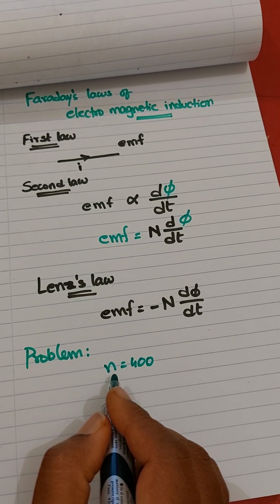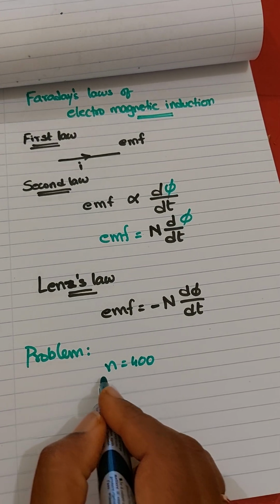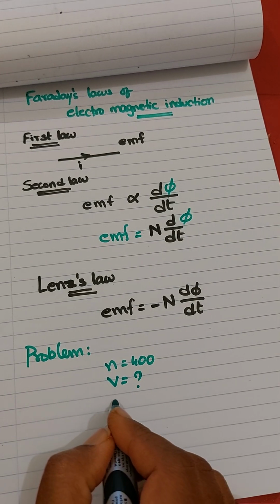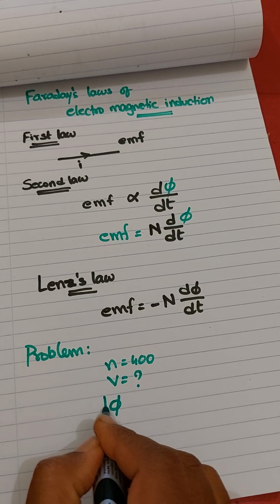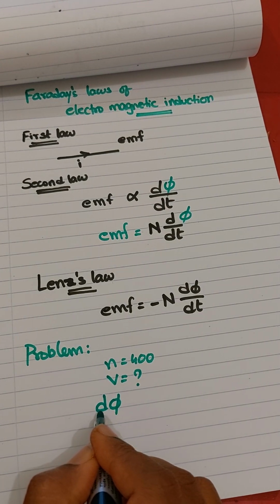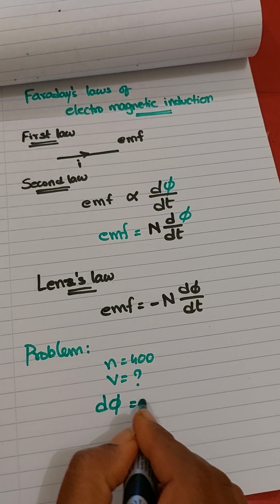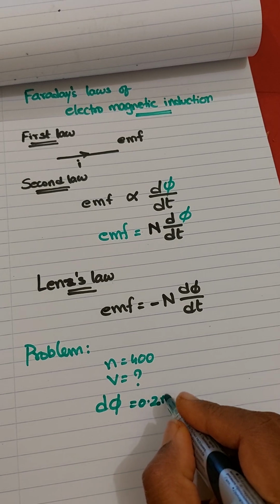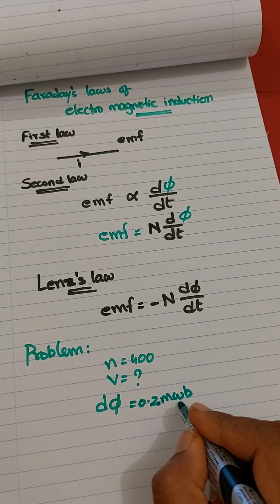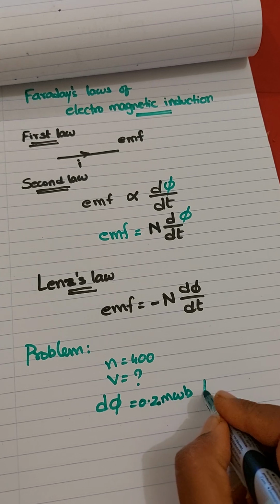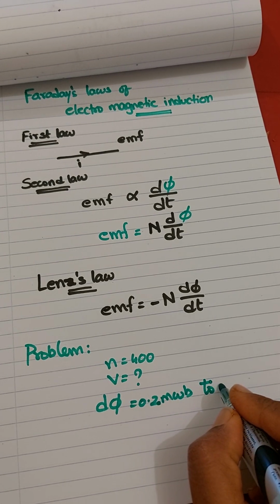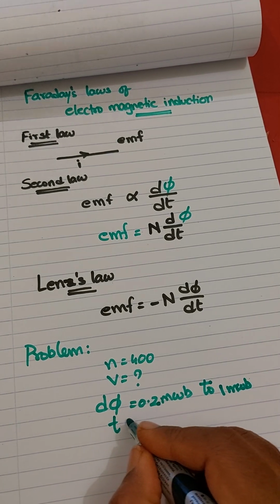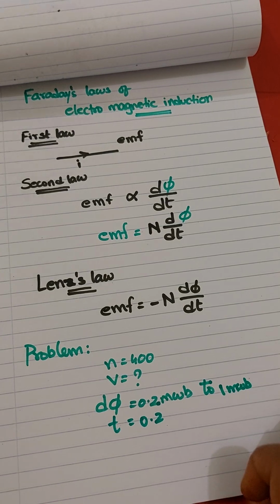Find the induced voltage or induced EMF, anything is fine, if the flux changes from 0.2 milliwebers to 1 milliweber in 0.2 seconds. It means time is also given as 0.2.